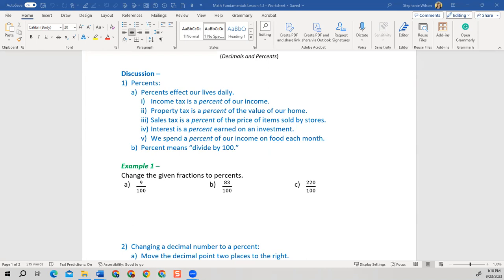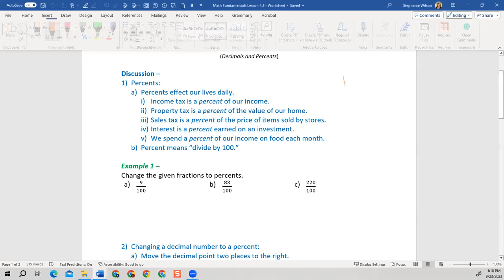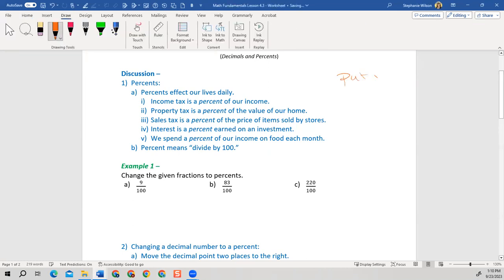Now, there are two ways to solve for percents, right? If we want to put it into percent, we multiply by 100%. Two, and I'm going to put an or in between 1 and 2 because you have option 1, option 2.